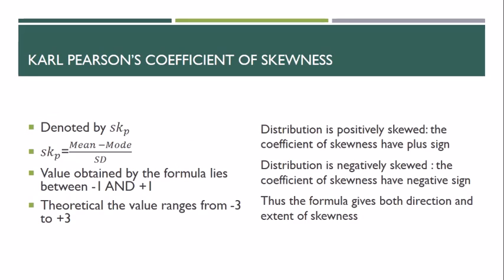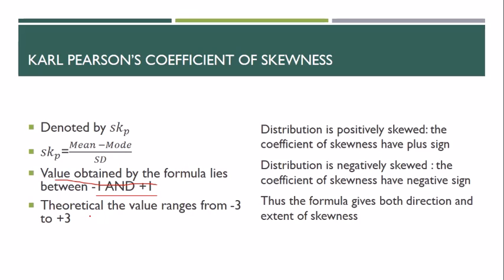So let's have a look at what Pearson's coefficient of skewness is. Pearson's coefficient of skewness is denoted by SKP, and the formula is mean minus mode divided by the standard deviation. It is said that there is no limit to this measure in theory, and this is a slight drawback of this coefficient.